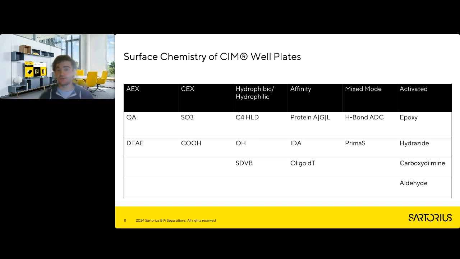And then we have different affinity chemistries, different protein chemistries, and oligo-dT that is used for purification of mRNA. There are different mixed mode ligands, like H-bond ADC and RAAV, which are weak anion exchangers with hydrogen bonding capabilities, or different activated chemistries where the client can bind their own ligand on the monolith backbone.